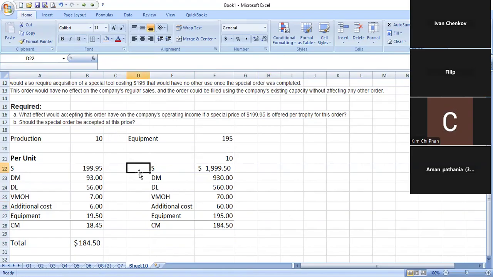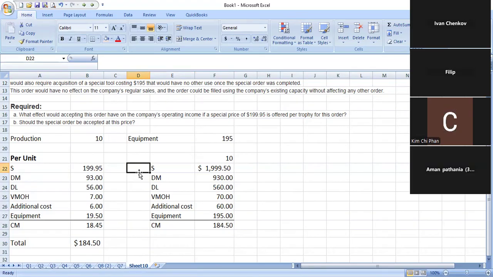Whichever method you use to come up with the answers, it doesn't matter. You're going to end up with the same answer. That's one of the beauties of managerial accounting, one of the beauties of these special orders and decision making, because different mindset, different thing.